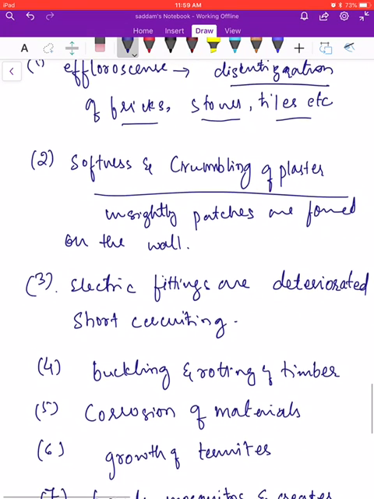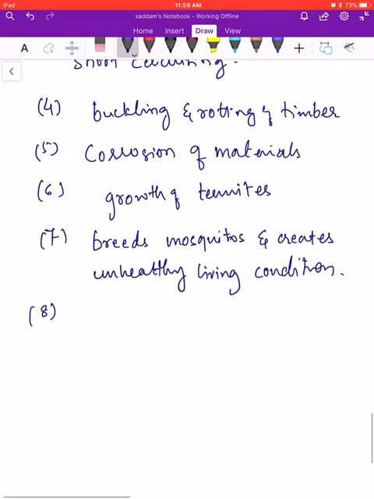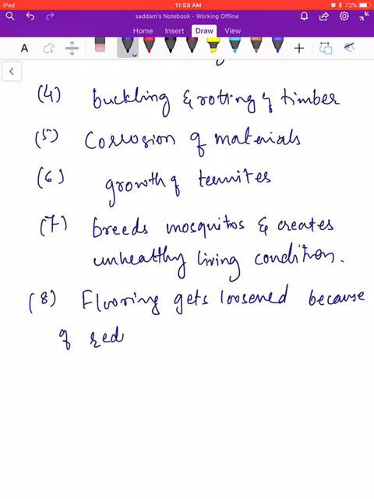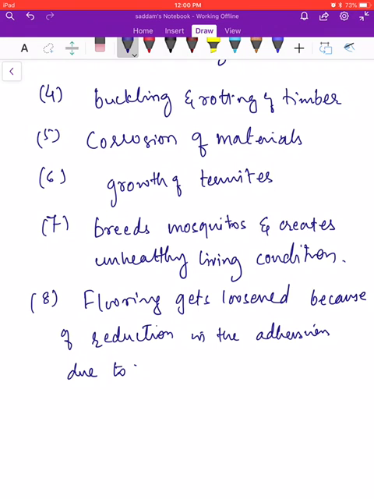The eighth effect of dampness is flooring gets loosened. Flooring gets loosened because of reduction in the adhesion, due to percolation of water between them.